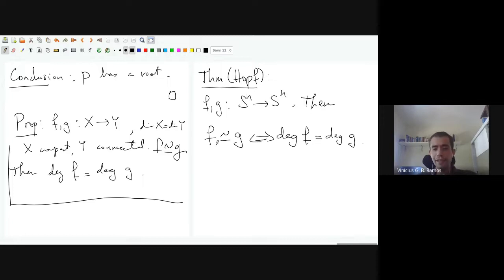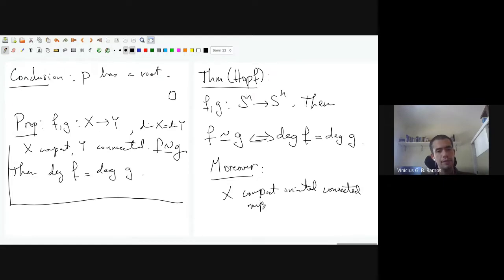Okay, so actually it can prove even more than that. Moreover, if X is a compact, oriented, and connected manifold, of course without boundary, and you take maps from X to S^n, then the same statement is true.